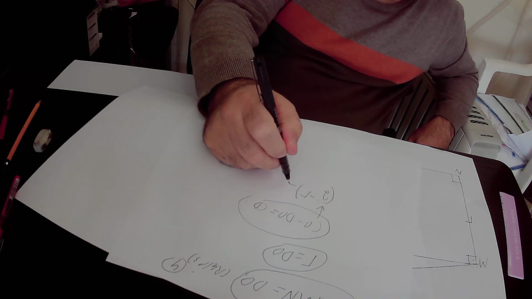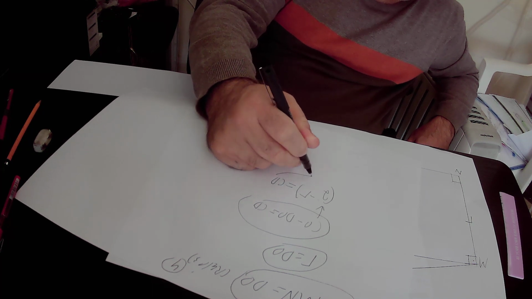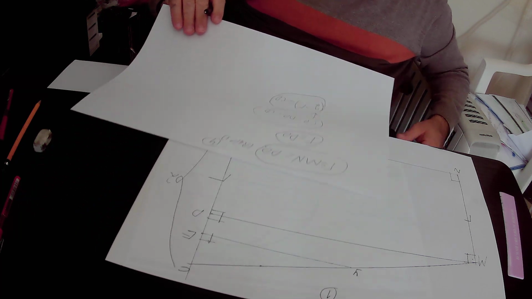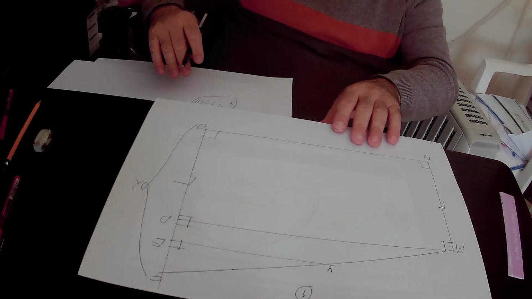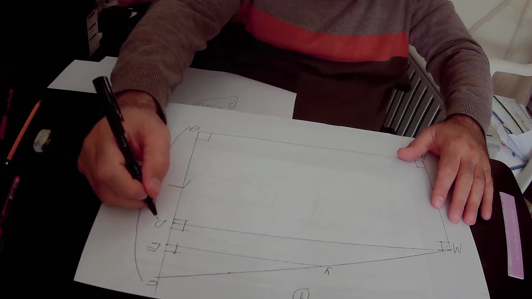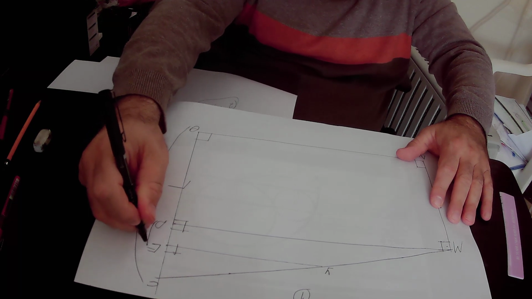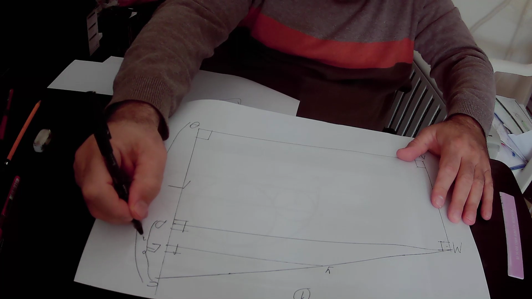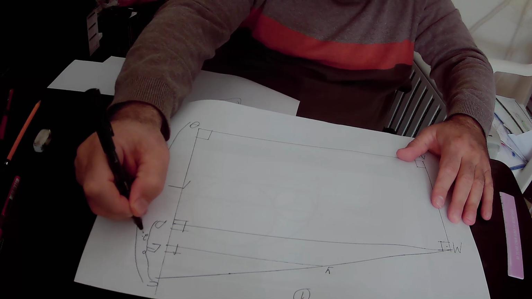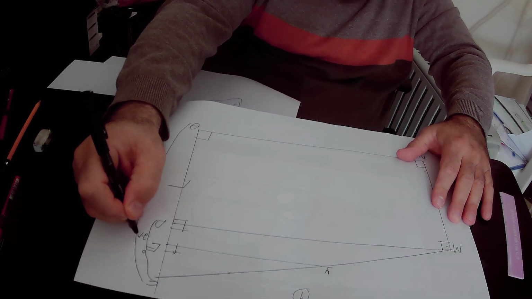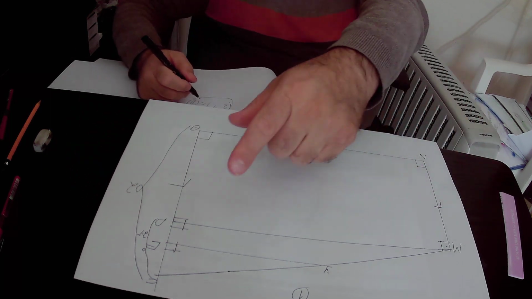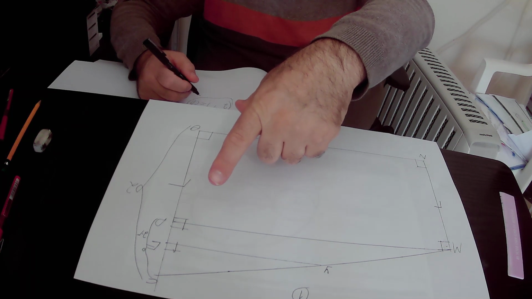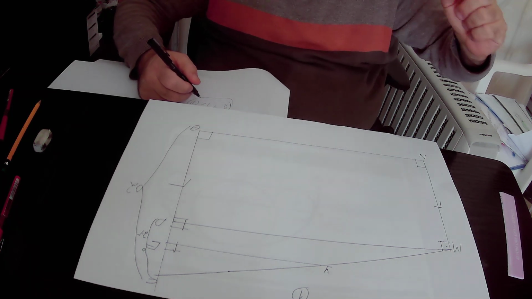Therefore, we found that CD equals 2 minus R. So CD equals 2 minus R, and DO equals R.